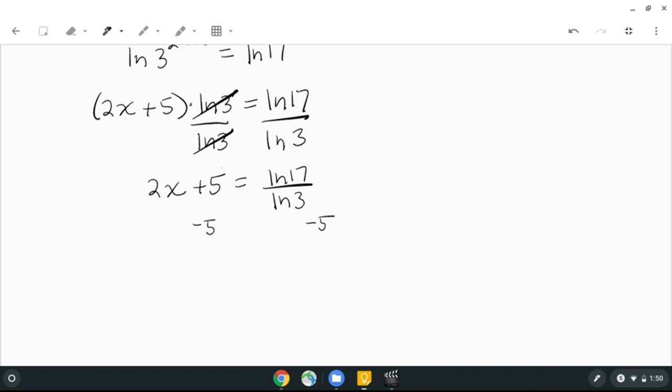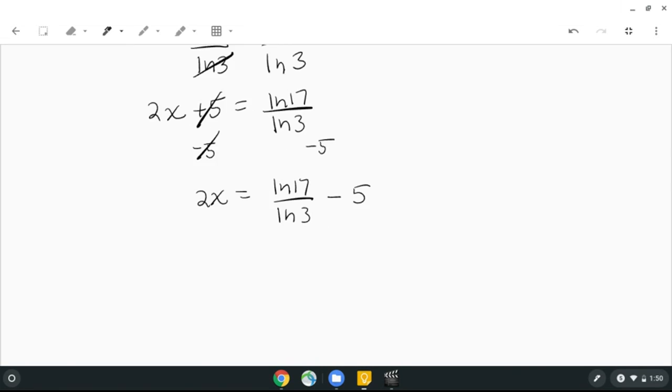And that will cancel out, leaving me with 2x equals, again, I will leave this as ln 17 over ln 3, minus 5. I'll eventually do that all on a calculator. And then solving for x, we need to divide both sides by 2.